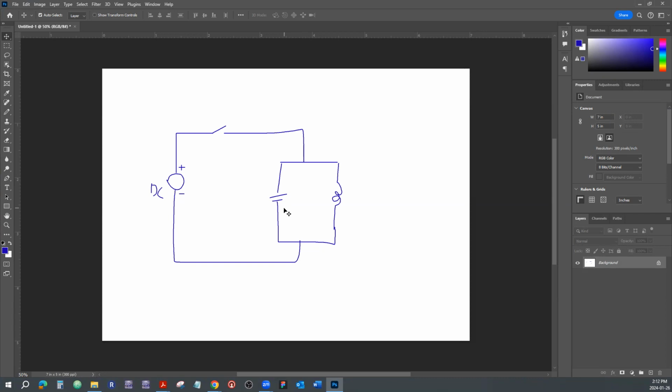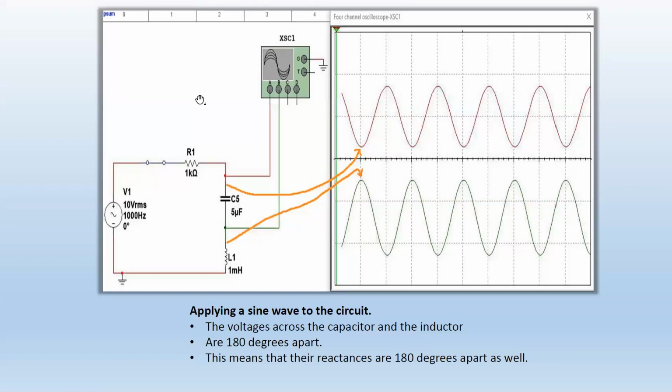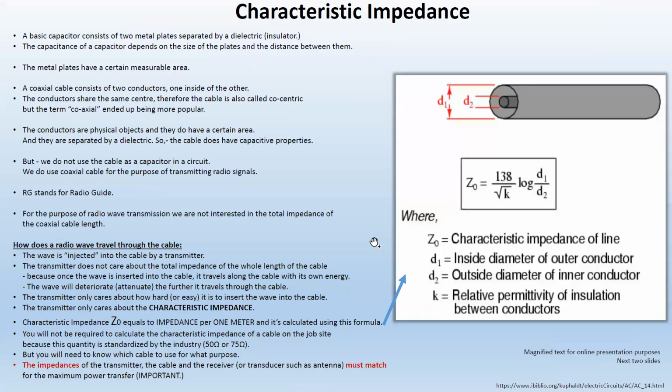So it doesn't matter what the frequency. Let's say same values that we had on that one. Capacitor with 100 microfarads and inductor would be 100 millihenries. So then they will have the resonant frequency of 50 hertz. Okay, well, what's going to happen?